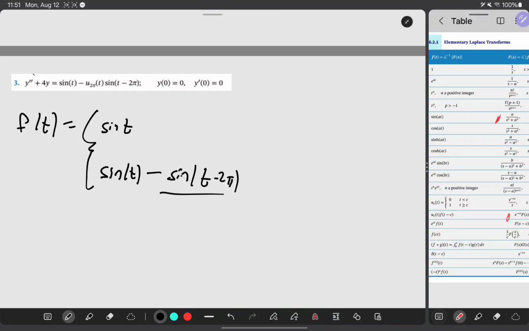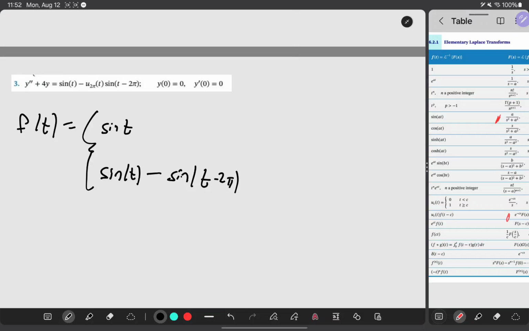This is sine of t. Because remember, sine of pi is 0, right? Well, that doesn't help us, but that's equal to sine of t. It's the same thing as sine of t. And I can prove that by, let's say, plugging in a 0 for t: sine of 0 is 0, sine of negative 2 pi is 0, that's 0 minus 0.